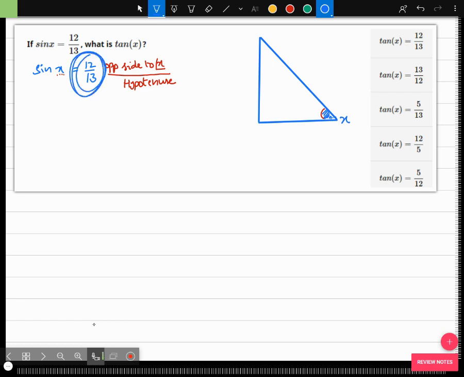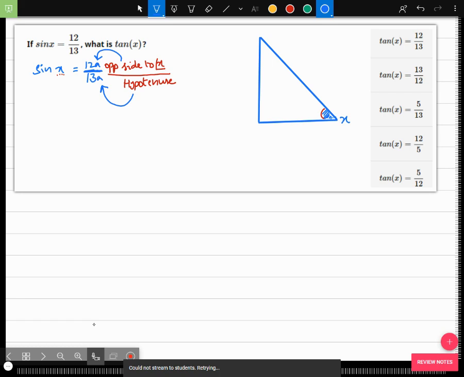whenever there is a fraction, if necessary, what you can do is you may consider this as 12a, 13a kind of thing. In my previous sessions I already explained. Therefore, the opposite side to x degrees is 12a and the hypotenuse is 13a.